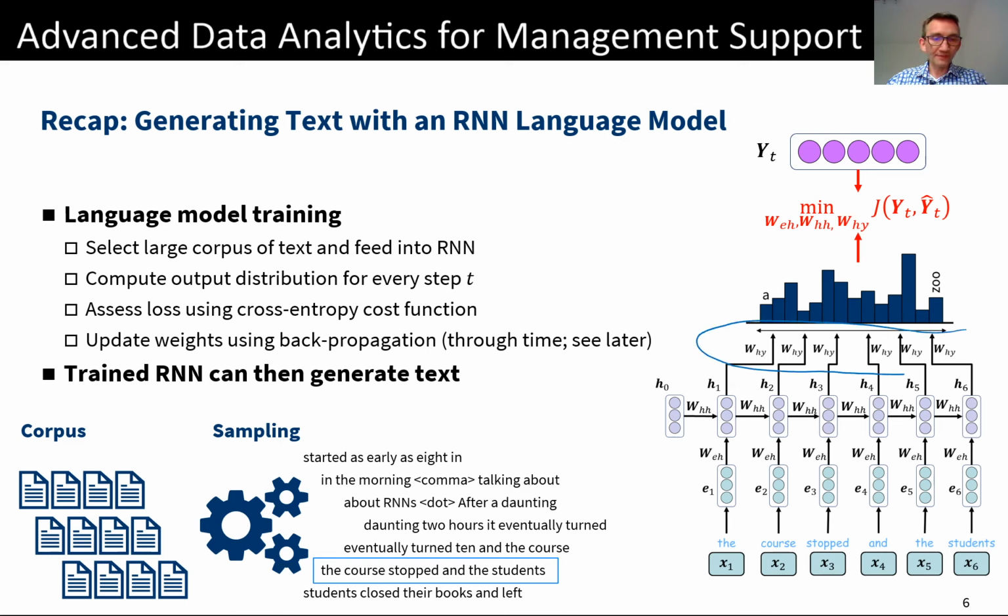Because I'm saying that an RNN-based language model computes the output distribution for every step t. A step t is, in a language model, a word in our text sequence. If we compute the output distribution for every step, that means that we compute a predicted next word for every word.